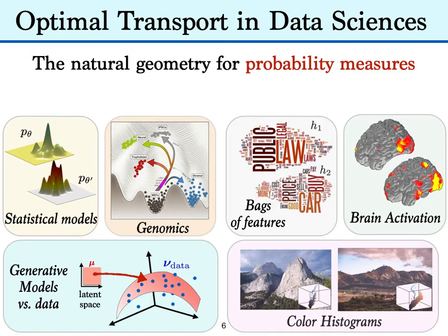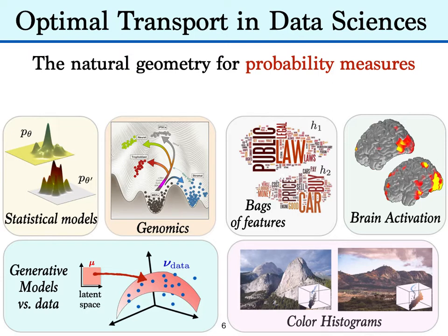There is a mapping that takes you from those code words to the space of images. And to train GANs, typically what you want is that the manifold of generated images that you have here in the middle in red is close to the probability distribution on images that you can sample from the internet, for instance. And so being able to compare those two here is important. Having a good geometry to do so is important.